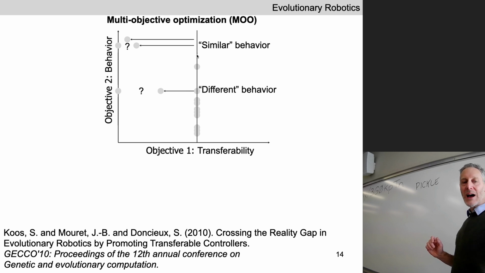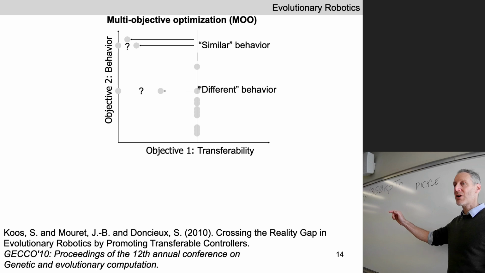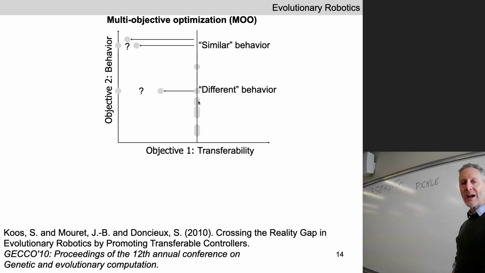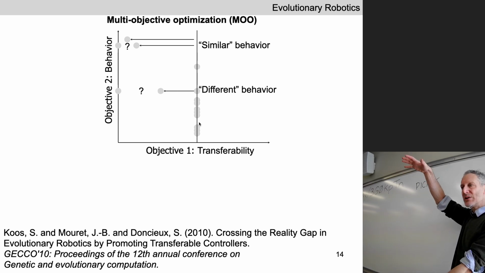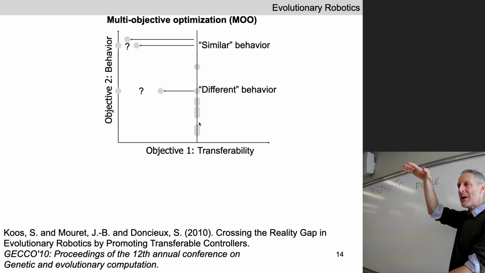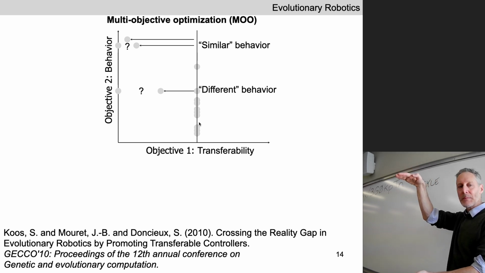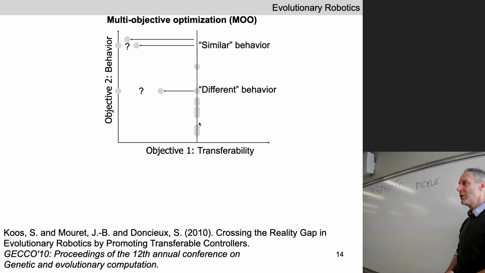The ones in the middle now, the ones that are far, controllers that are far from the ones that have already crossed the gap, we're going to have high uncertainty about their transferability. So we can quantify, for all the controllers in the population that we have not yet sent to reality, the amount of uncertainty we have about their transferability values, and we choose the one for which we have most uncertainty. Yeah?